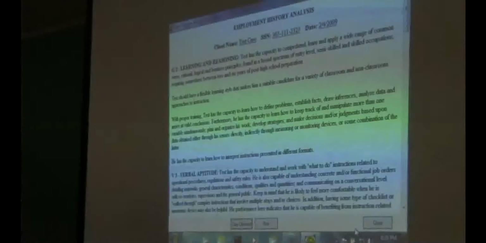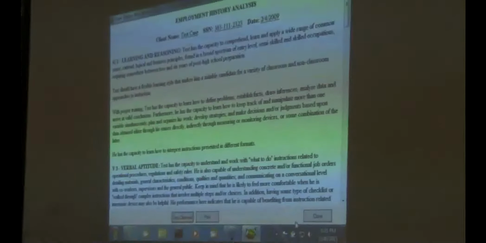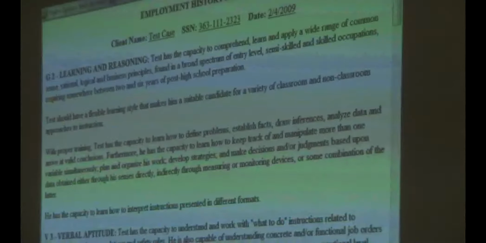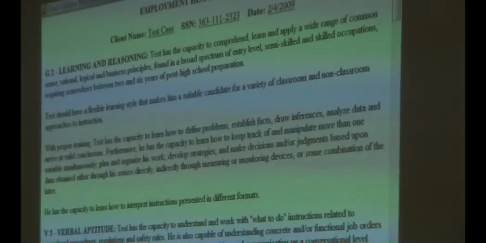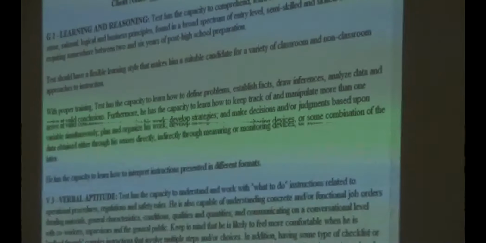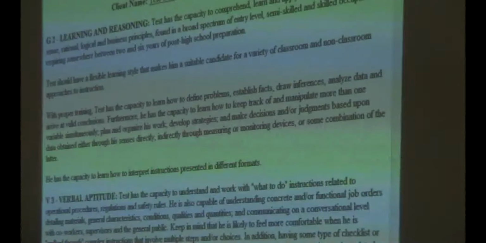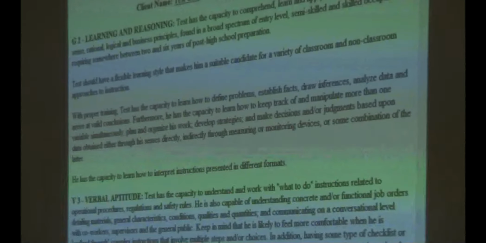It says, and I didn't put in his real name, he has the capacity to comprehend, learn, and apply a wide range of common sense, rational, logical, and business principles found in a broad spectrum of entry-level, semi-skilled, and skilled occupations requiring somewhere between 2 and 6 years of post-high school preparation. And then he should have a flexible learning style that makes him a suitable candidate for a variety of classroom and non-classroom approaches to instruction.